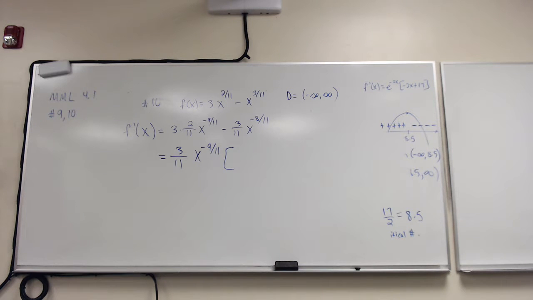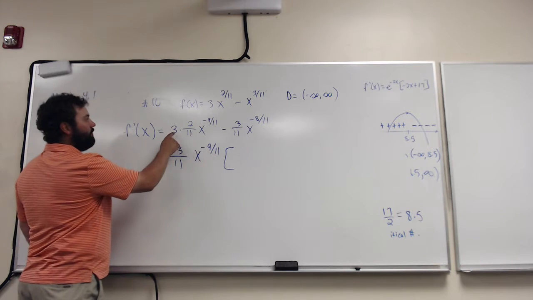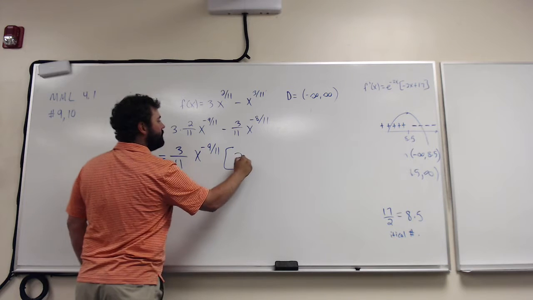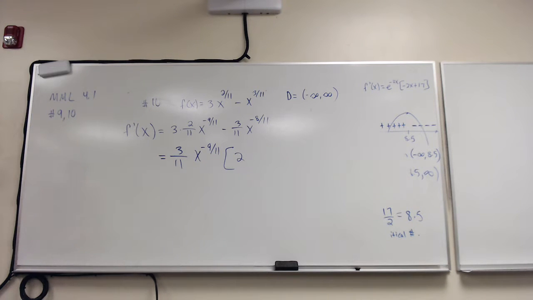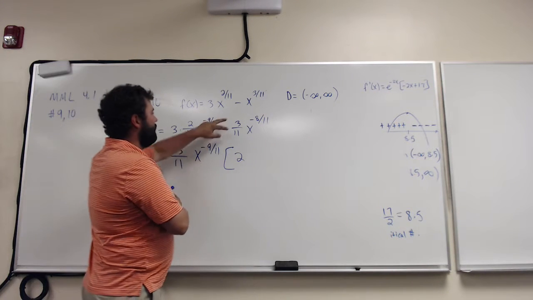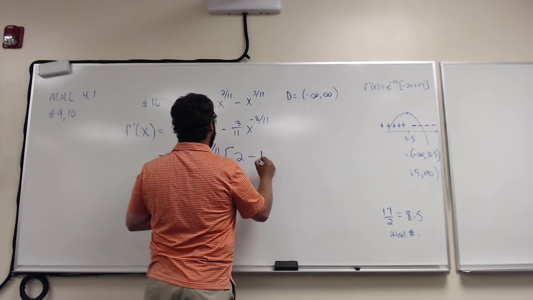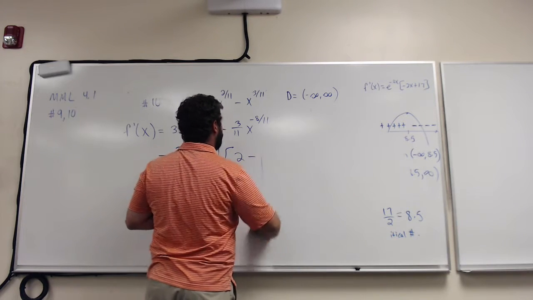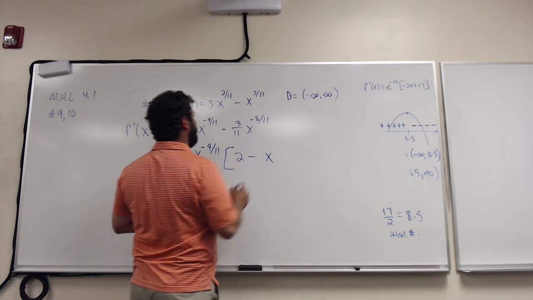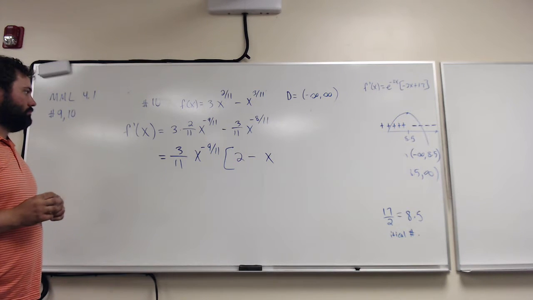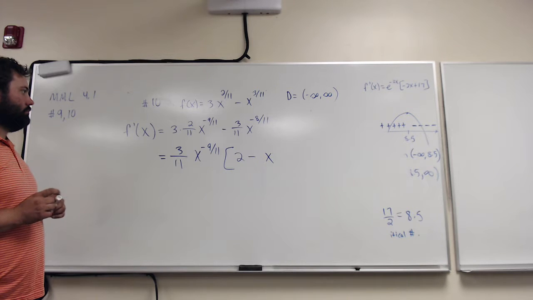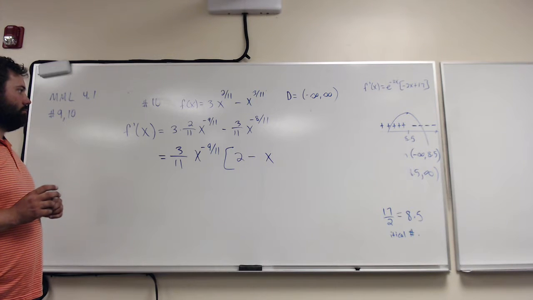So both terms had a 3/11, and then I factor out x to the lower power, minus 9/11. So I already factored out the 3/11. The first term just has a 2 left. And we factored that 3/11 out, so minus, I don't need the 1. It's minus x to a power. Didn't you figure out the extra?